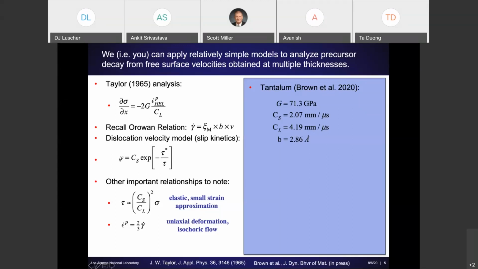The dislocation velocity is related to that shear wave speed that I mentioned, which is a propagation rate of about 2 millimeters every microsecond, but that's scaled by an exponential, and the model parameter is tau star. Tau is the actual applied shearing stress. So what we're saying is that a dislocation is going to be driven by the shear stress, tau. That shear stress, as we increase it, is going to increase the velocity that the dislocation moves at.